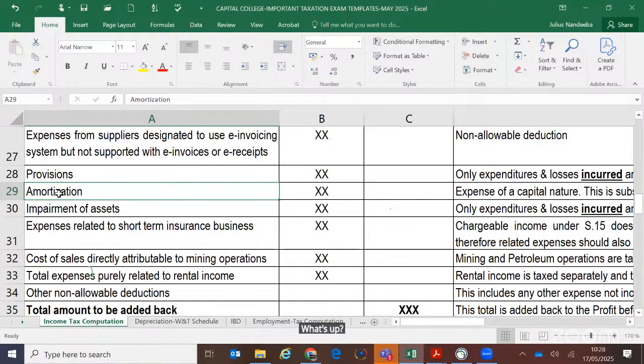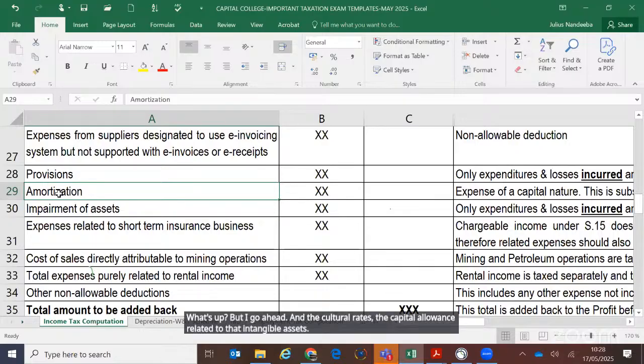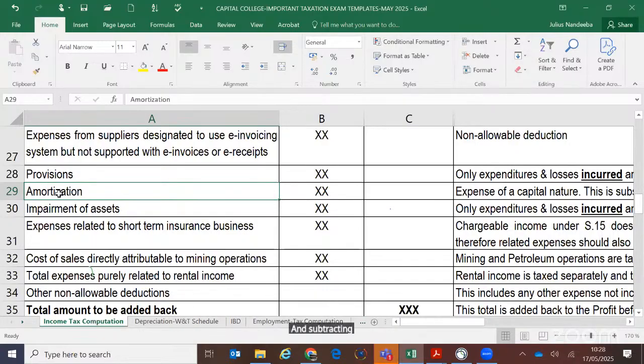But I go ahead and calculate the capital allowance related to that intangible asset and subtract it. So you're doing 2 things: adding back amortization and subtracting the capital allowance for that intangible asset.